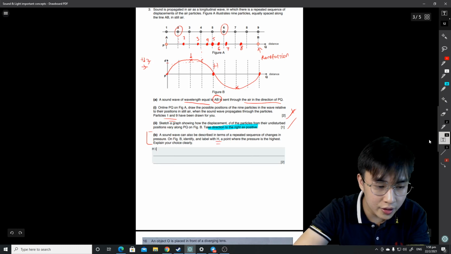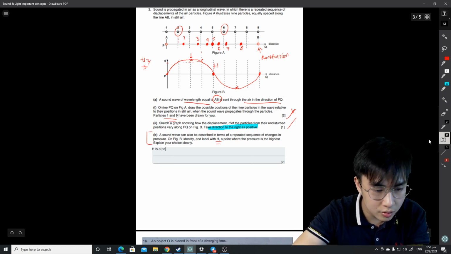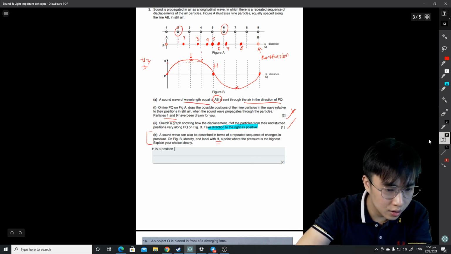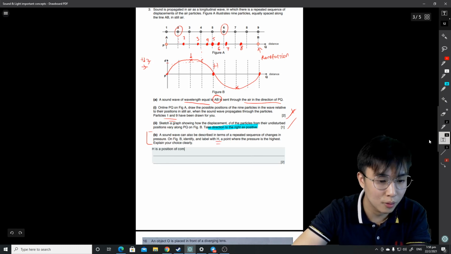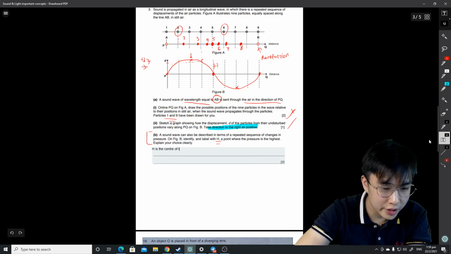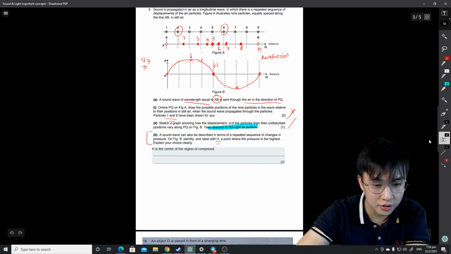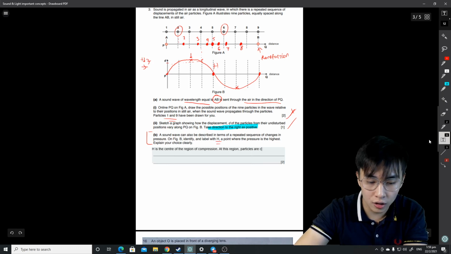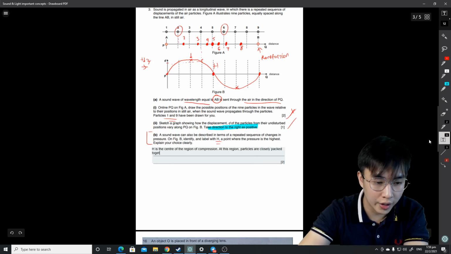Okay, so you can say that H is the center of the region of compression. Okay, at this region, particles are closely packed together, and thus the frequency of collision is highest here.